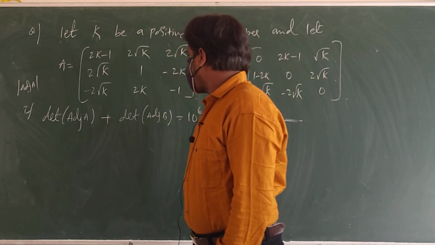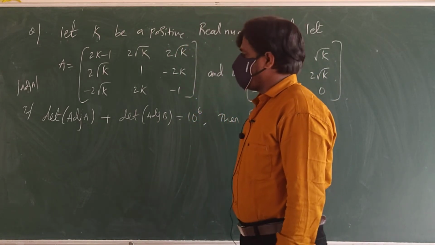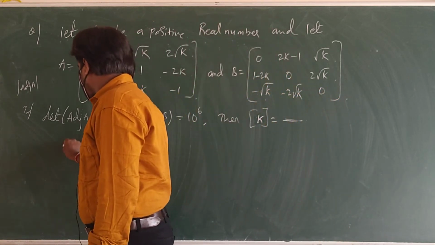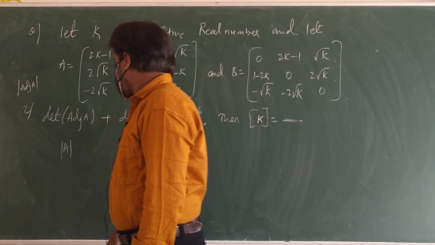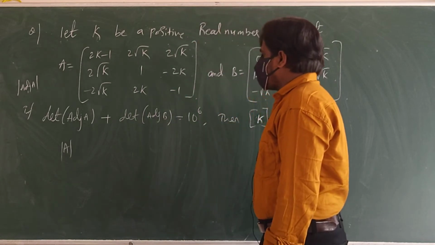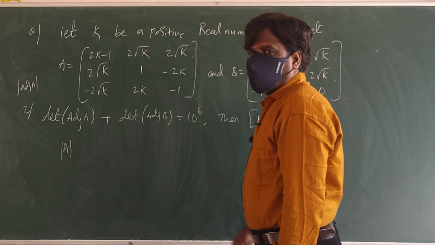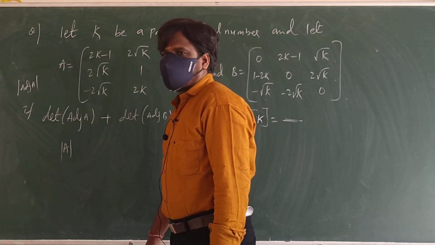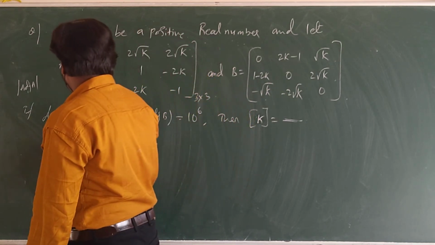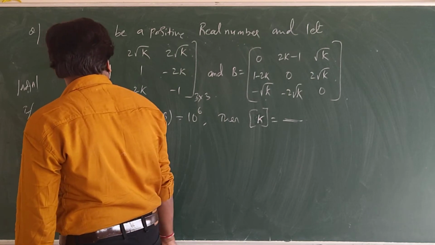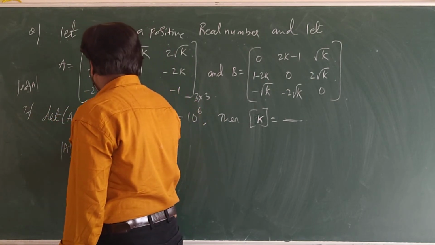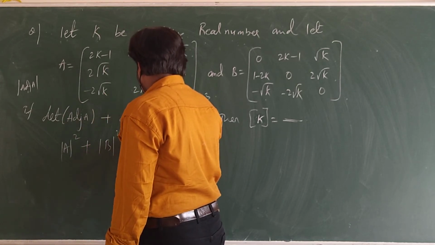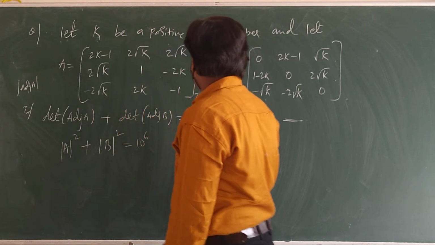Determinant of adjoint A plus determinant of adjoint B is 10 power 6. This is a 3 by 3 matrix, so the power is 2: determinant of A squared plus determinant of B squared is equal to 10 power 6.